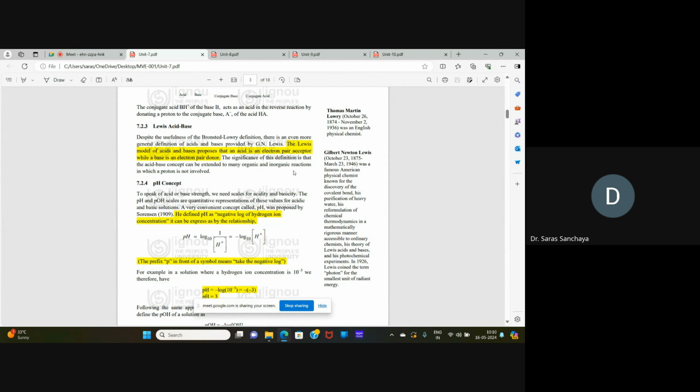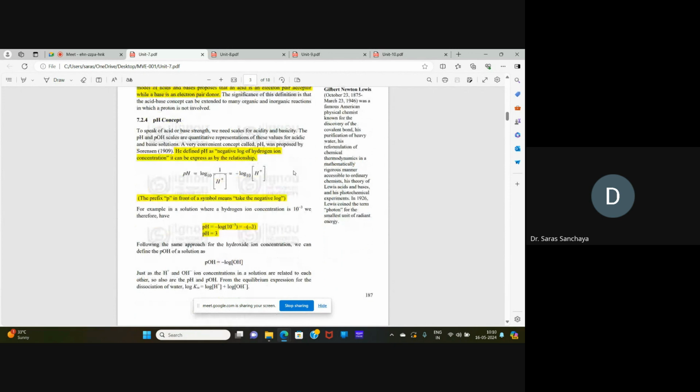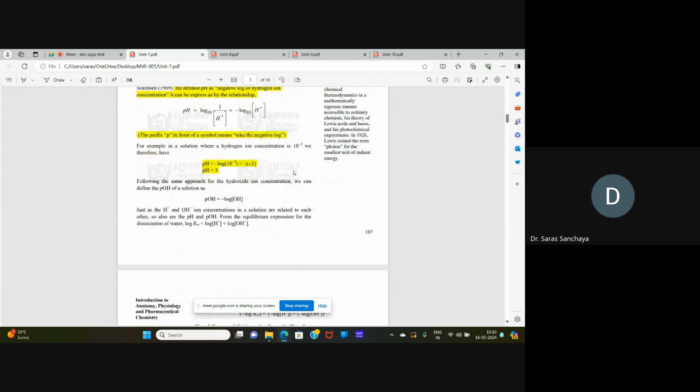The prefix p in the symbol means take the negative log. For example, if the H plus concentration is 10 to the power minus 3, then pH will be 3, which is highly acidic. Similarly, pOH will be minus log OH ion concentration.